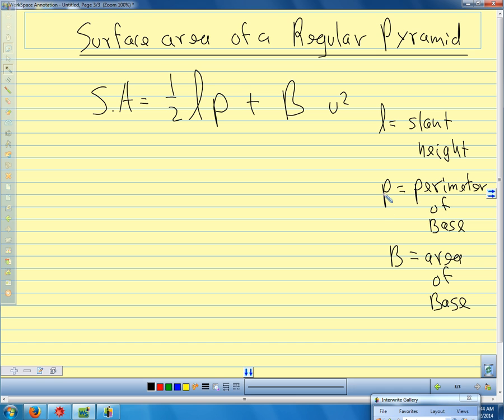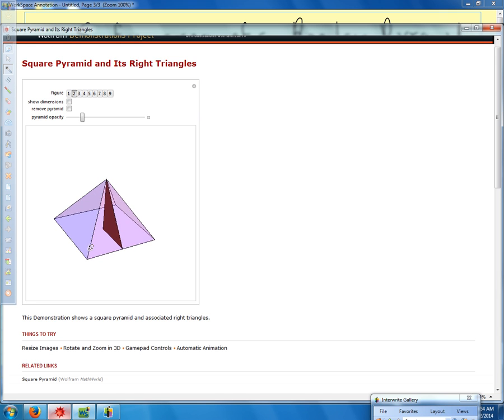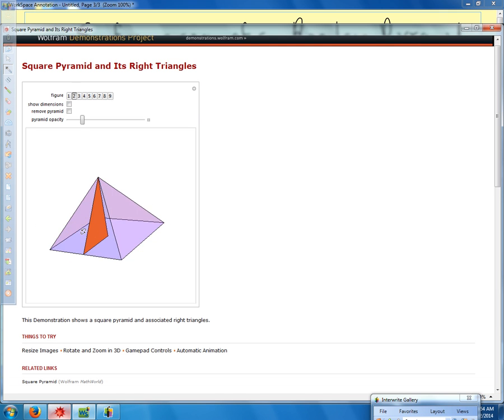All right. Before we do any problems, I want to show you a little picture, a demonstration. I talked about the right triangle that's inside of pyramids. We always can make a right triangle with the height, the apothem, and the slant height. So that's this triangle here.